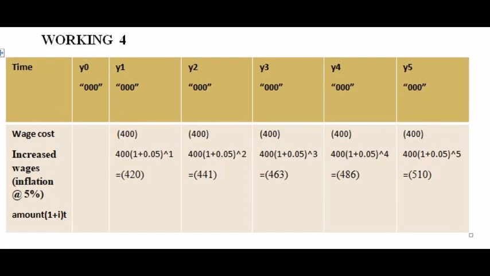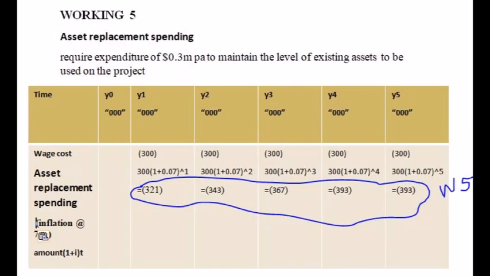Let us continue for working 5. Working 5 is about the asset replacement spending. In our question, they said that they will require expenditure of 300 million per year to maintain the level of existing asset to be used on the project. This is not wage cost, it is the expenditure.